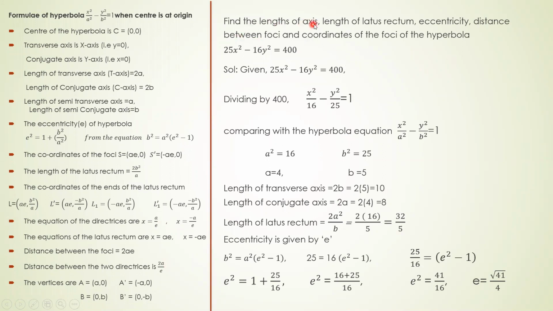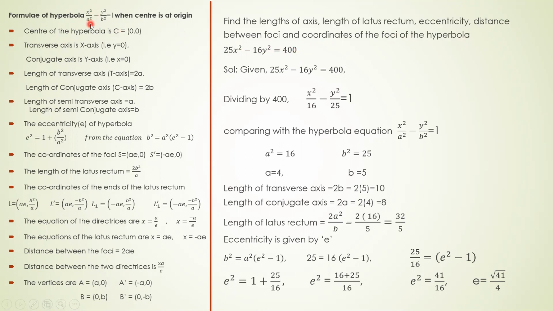Find the lengths of axis, length of latus rectum, eccentricity, distance between the foci, and the coordinates of the foci of the hyperbola 25x square minus 16y square is equal to 400. This is the given problem. But this problem is not matching with our standard hyperbola equation. What is the standard hyperbola equation?